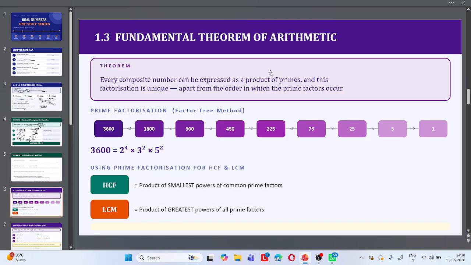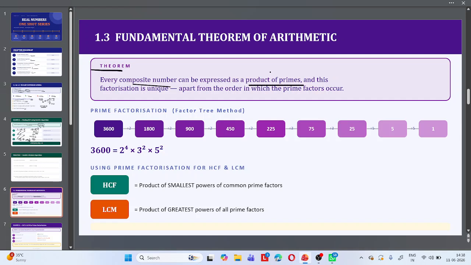Okay. So the next main theorem is the fundamental theorem of arithmetic. This theorem tells that every composite number, which means what? Those numbers which have a factor other than 1 and the number itself are said to be composite numbers, right? Composite numbers can be written as a product of primes.